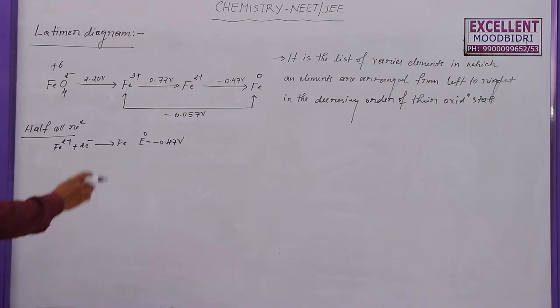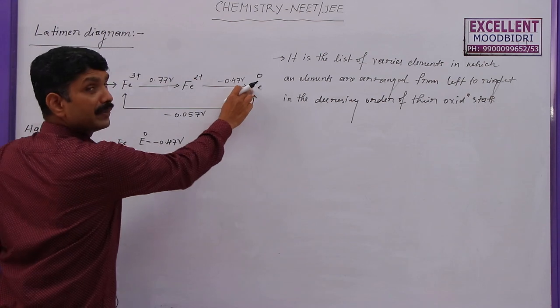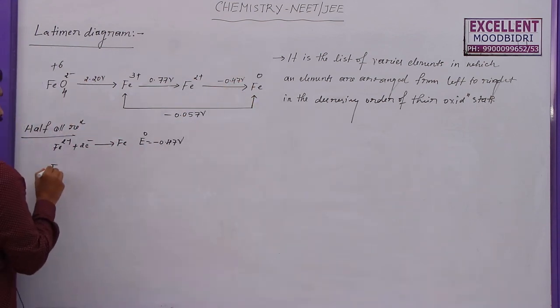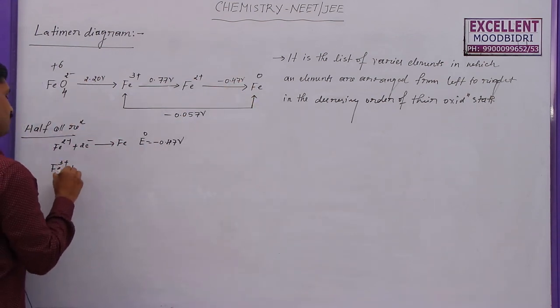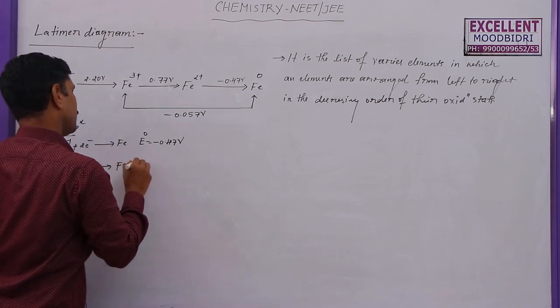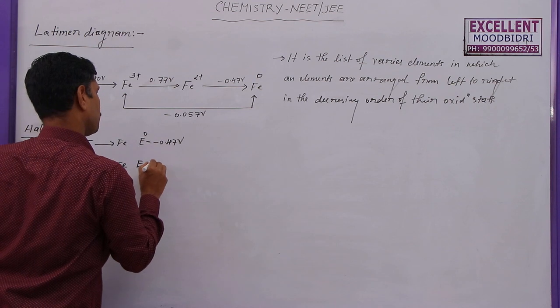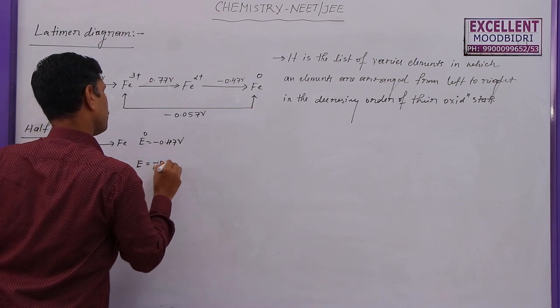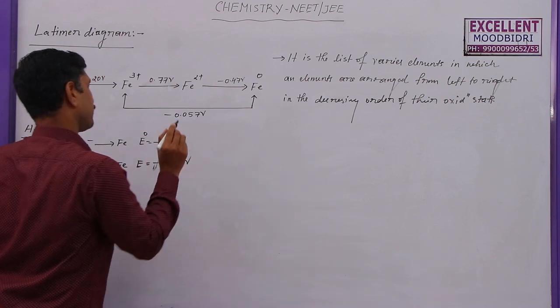Second one, Fe3 plus to iron: Fe3 plus plus 3 electrons form Fe. The E0 value is minus 0.057 volt.